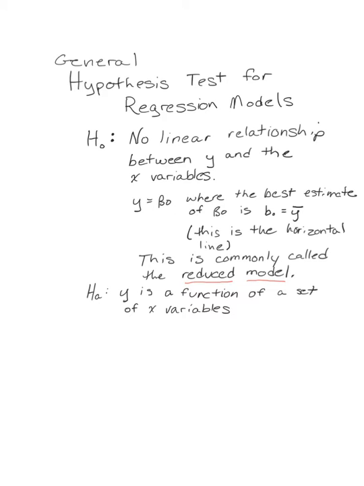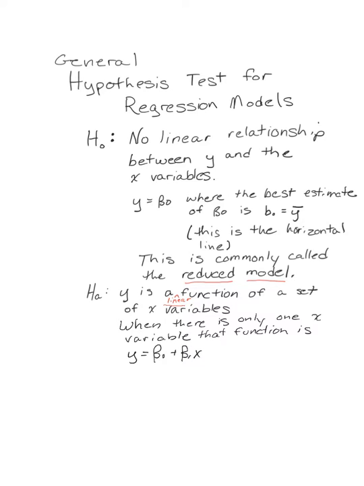The alternative hypothesis is that y is a linear function of a set of x variables. When there is only one x variable, and I'm realizing that I left a word out of the previous sentence, and that word is linear, that function is our equation of a line. This is commonly called the full model.